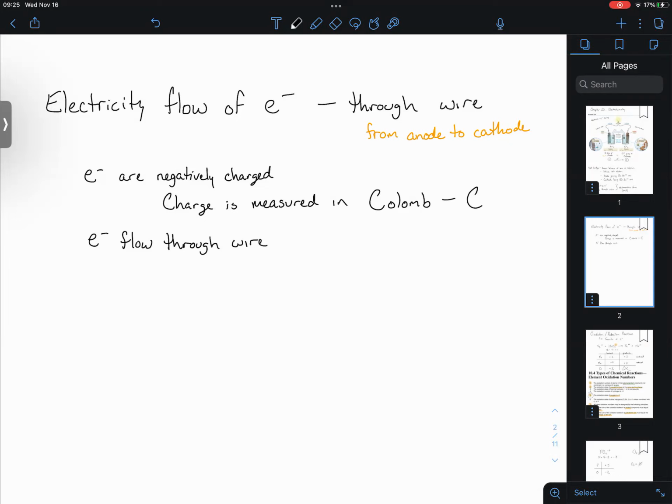All right, a moving charge, such as the electrons flowing through the wire. So moving charges are what's called a current.